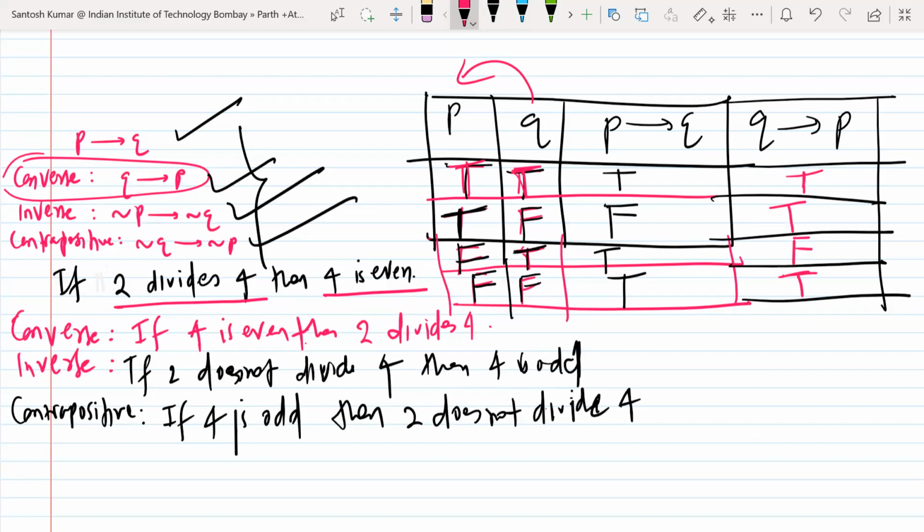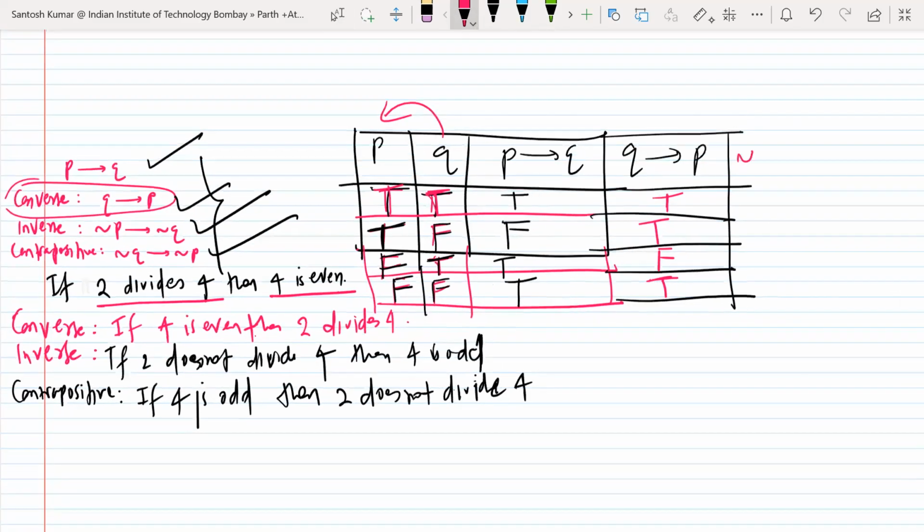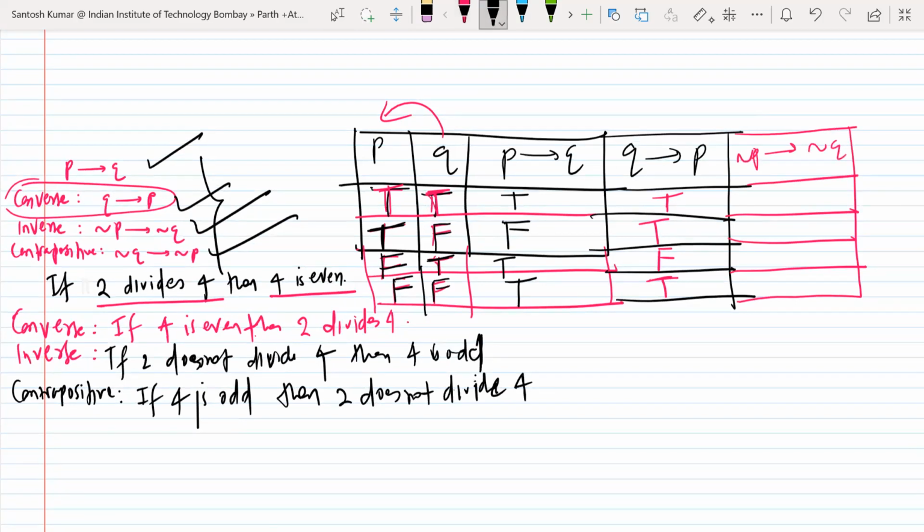Now I would like to write the truth table for not p implies not q. You have to think about not p implies not q.